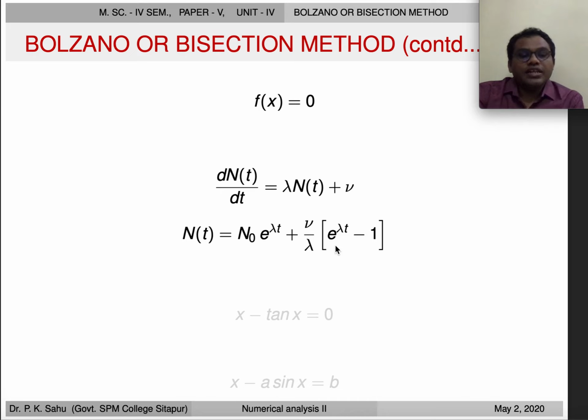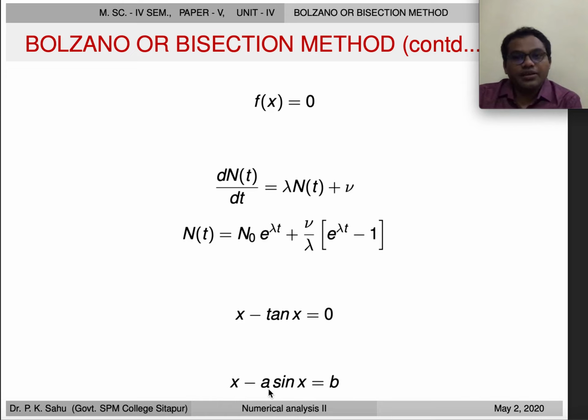Now, there are various physical processes where we come across equations of different forms. For example, when we study reflection of light, we come across an equation of the form x minus tan x is equal to 0, where we are required to determine what this x is. Or when we study central orbit, we come across Kepler's equation, which is of the form x minus a sin x is equal to b, where we need to determine x for different values of a and b.